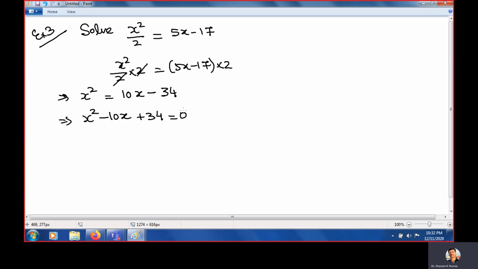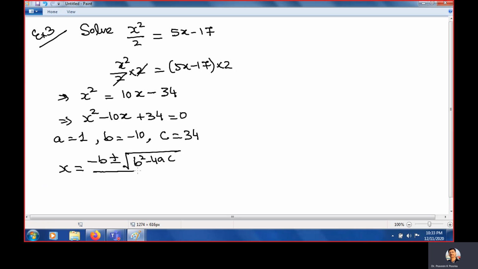If this is the equation, what we can find? We can now compare a equals to 1 here, b equals to minus 10 and c equals to 34. Okay. So put the values, x is equal to minus b plus minus square root b square minus 4ac upon 2a.